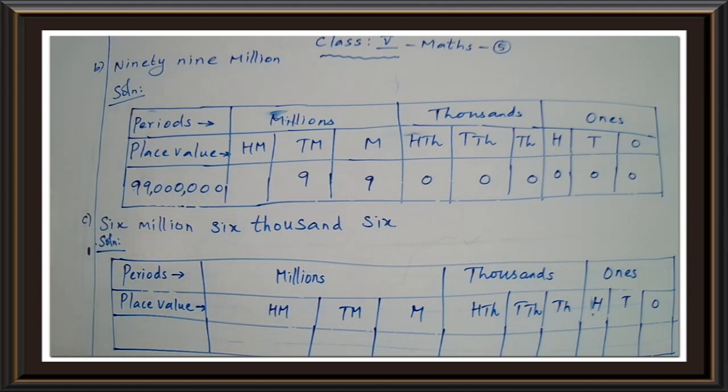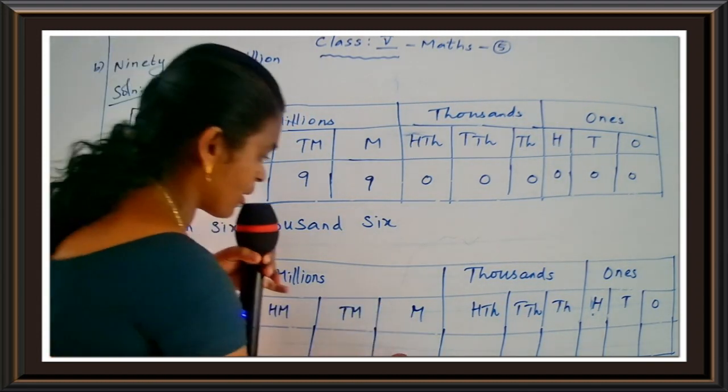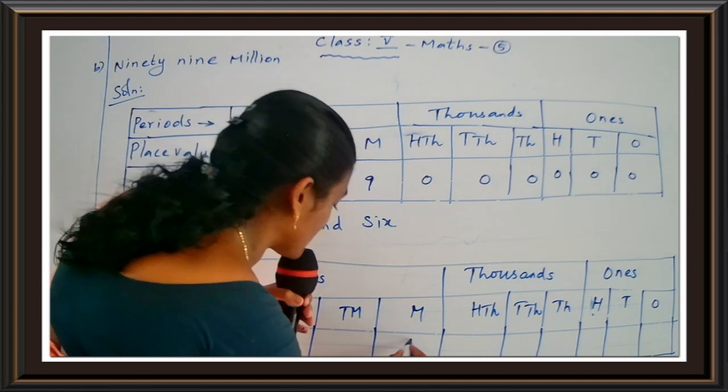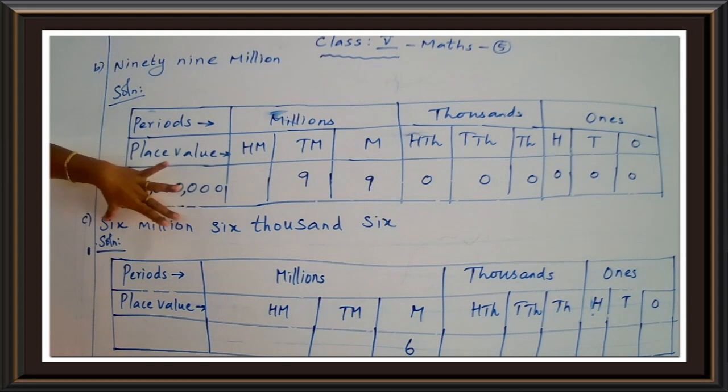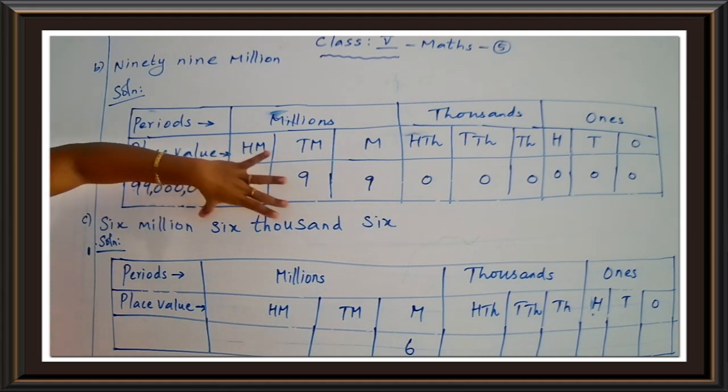Make a place value chart of the International System of Numeration. Listen children, don't write. Here you see that 100 million is not there, 10 million is not there, only 1 million, that is 6 million. So in the 1 million place you put 6. This is the million period, this is the thousand period, this is the ones period.